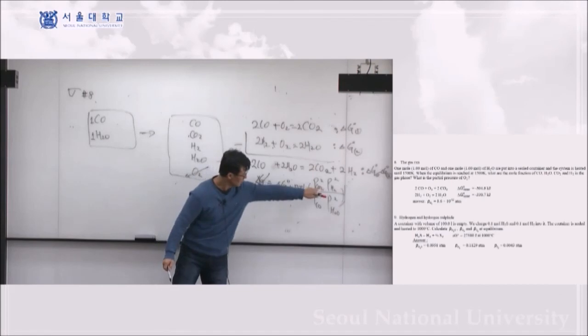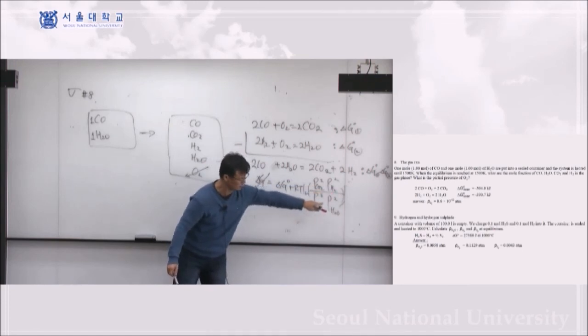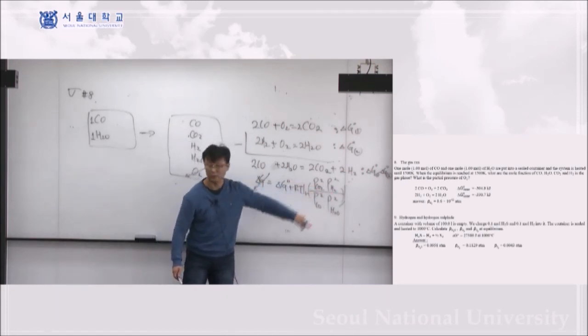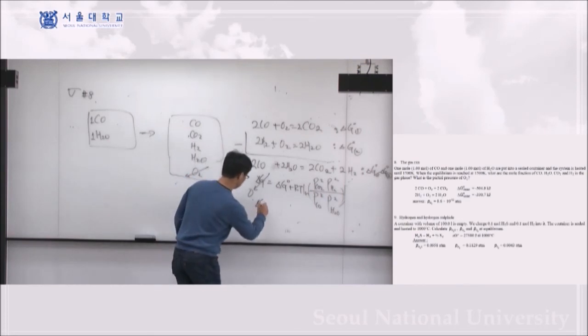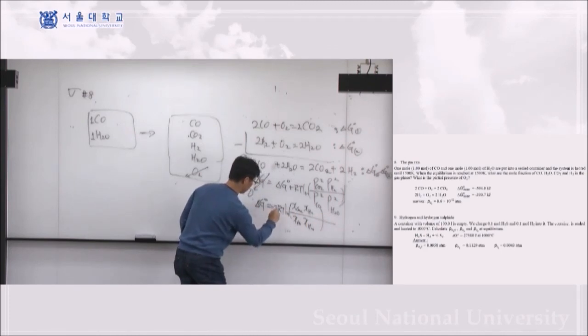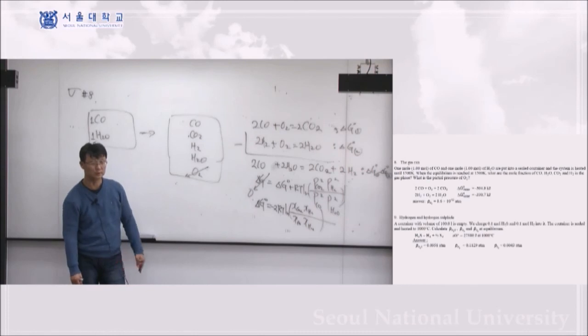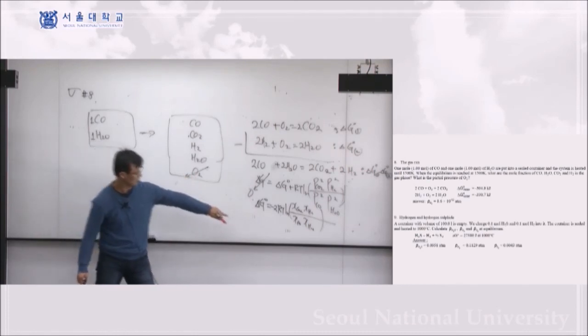This is basically with the total pressure, but the total pressure terms cancel each other, so eventually it just gives you the mole fraction of each phase. So delta G naught of this reaction equals minus RT ln of mole fraction of CO2, mole fraction of H2, over mole fraction of CO, mole fraction of H2O. Since all the gases have the square, I just take out that square term in front of the ln.